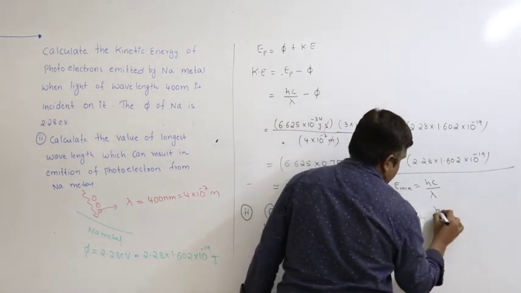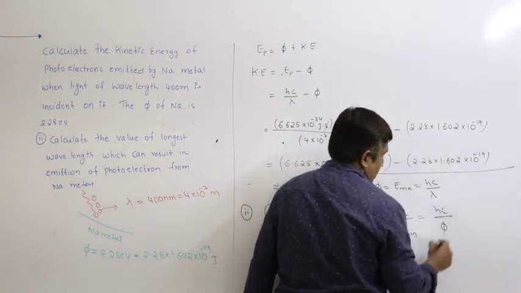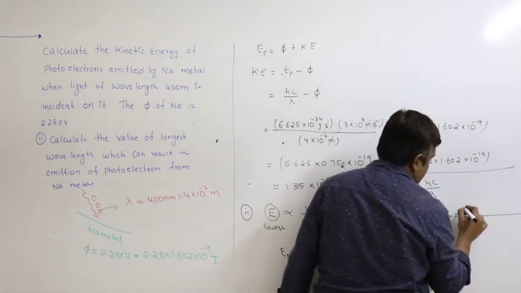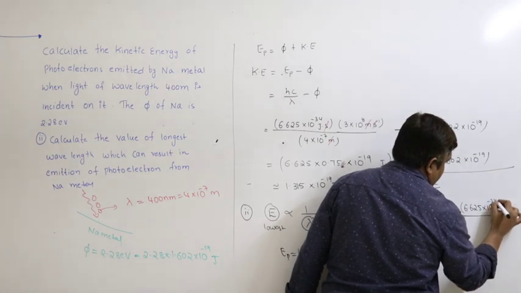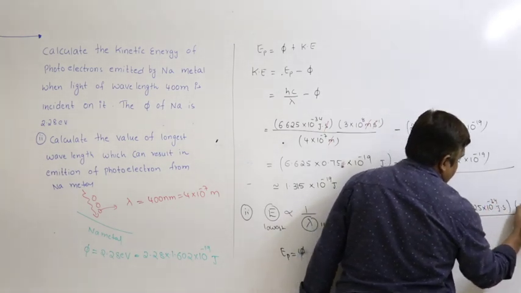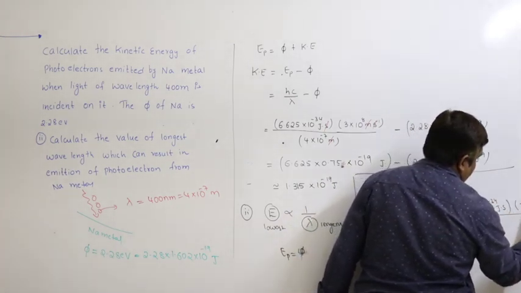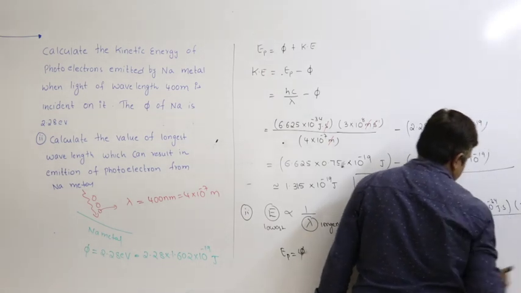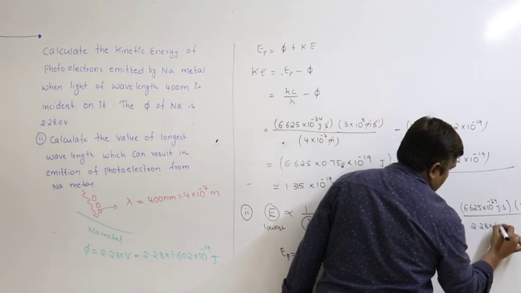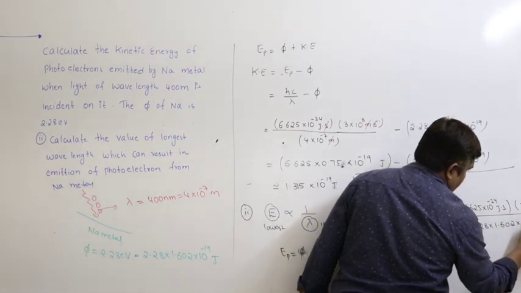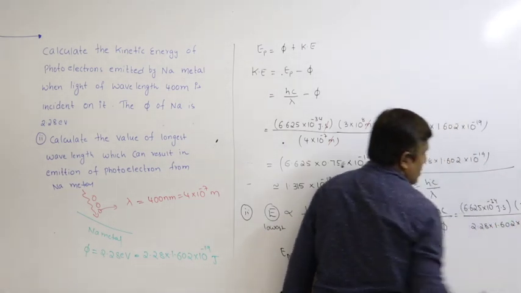Substituting the values: 6.625 into 10 power minus 34 joule second, 3 into 10 power 8 meter second inverse, divided by 2.28 into 1.602 into 10 power minus 19 joules.